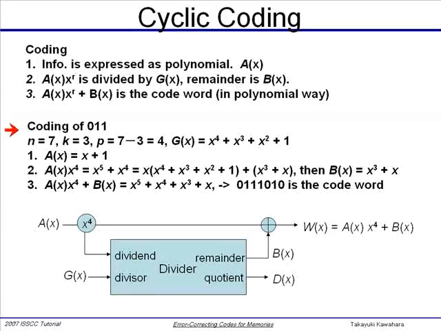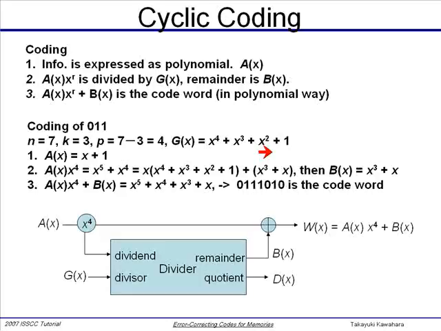The code length is 7, so k is 3, and therefore the element scale is 4. So the generator polynomial is of 4th order. Then the information is expressed as a polynomial.